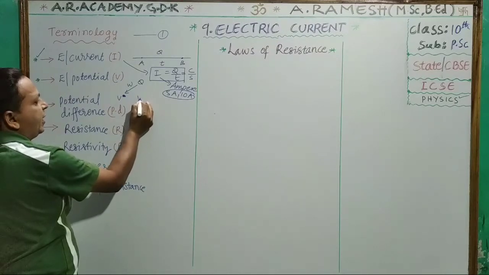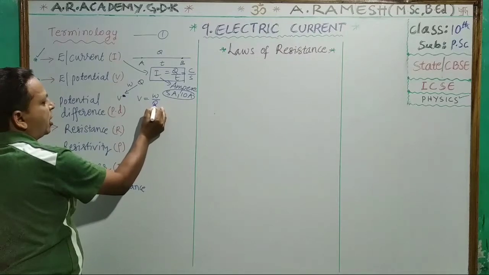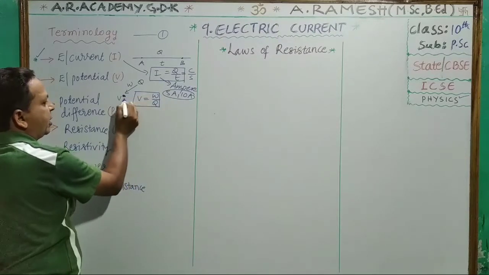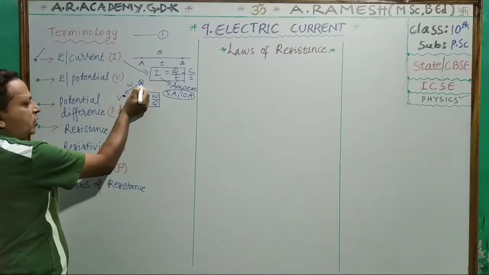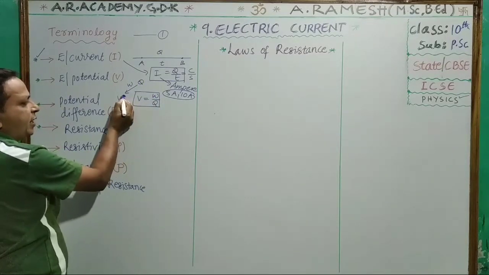Potential V is nothing but the work done on charge Q in bringing it to a point in space. To bring a charge to a point, how much work you are doing, that is called potential at that point.